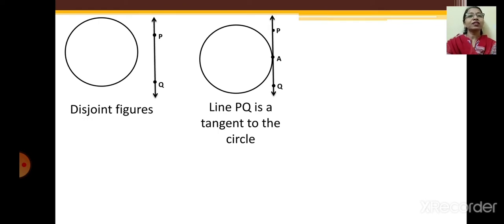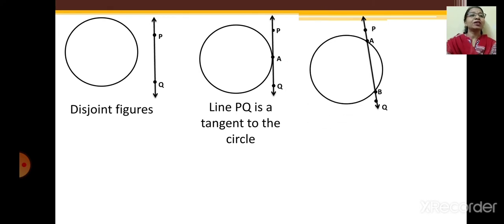Same line, depending upon the position, its name changes. Now let me further move this line towards the circle. So now line PQ is further shifted towards the circle. This time PQ intersects the circle at two distinct points, A and B. So the same line PQ is now a secant line.